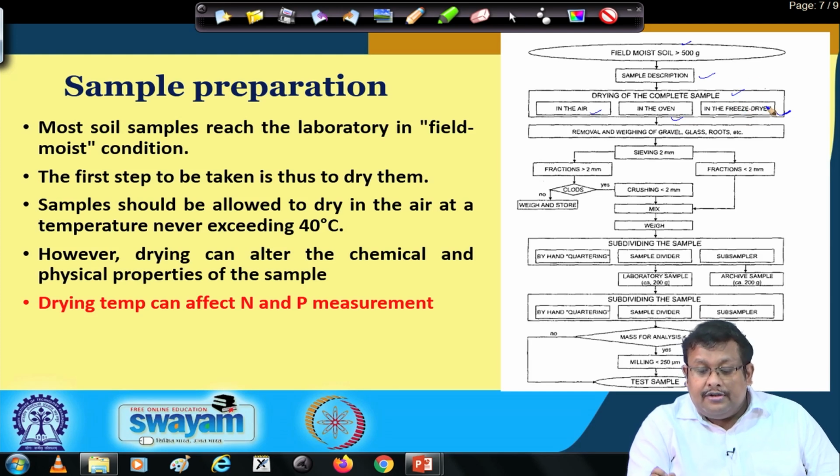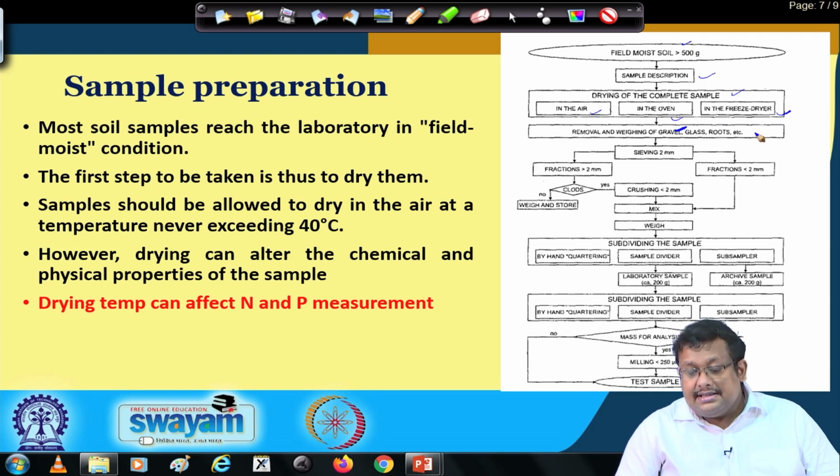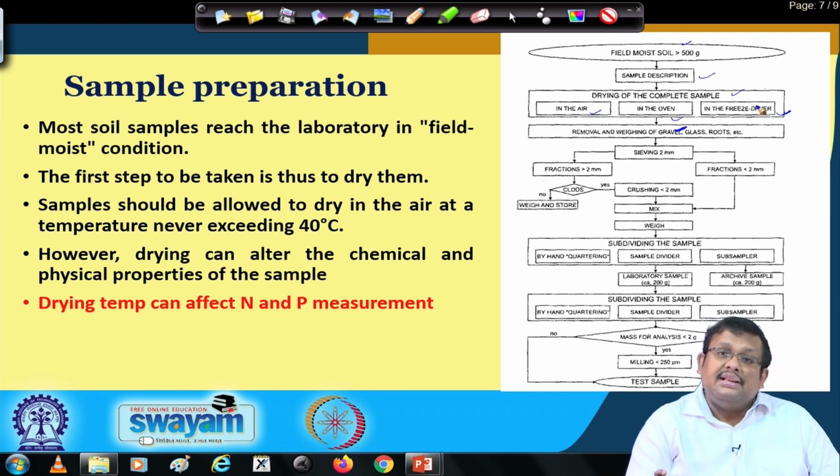After you dry it in the oven, you can remove the gravels, grass roots and other debris from the soil for further analysis.